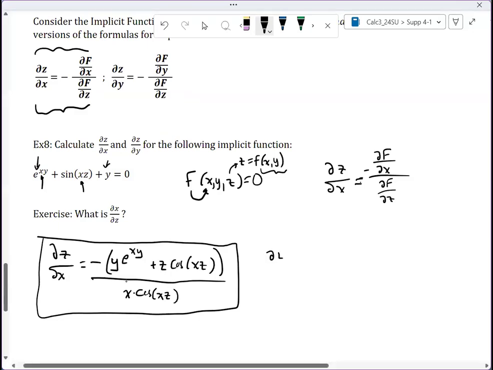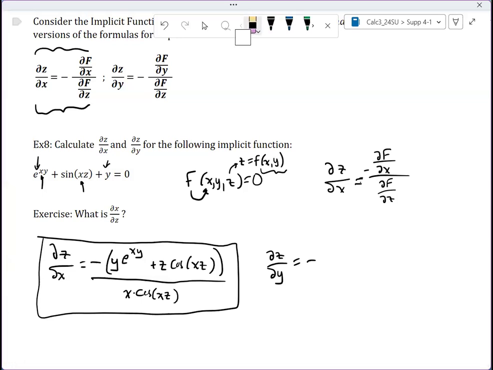So what about partial of z with respect to y? The process is going to be pretty similar. Here I see a y in the exponential term and in the third term, but no y in the sine of xz term.